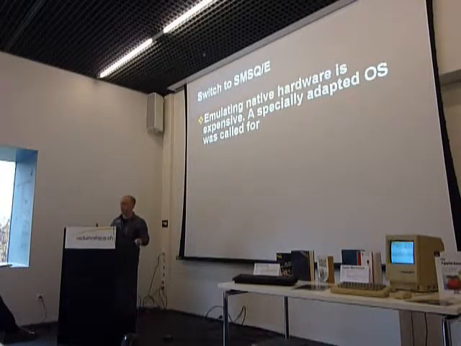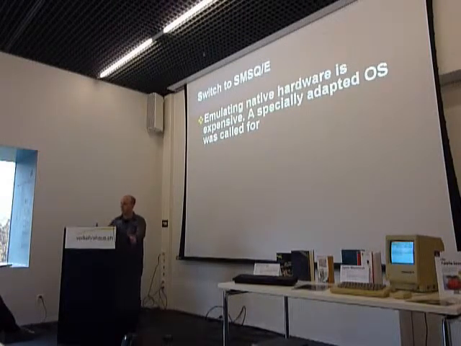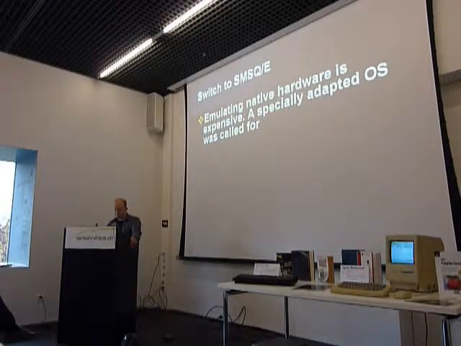Emulating native hardware, especially when you see that the emulator was 486 processes, is really expensive because on every data access you have to check is it for a specific hardware and emulate the correct reactions to that. So I was planning to do a specially adapted operating system for my emulator even back then.